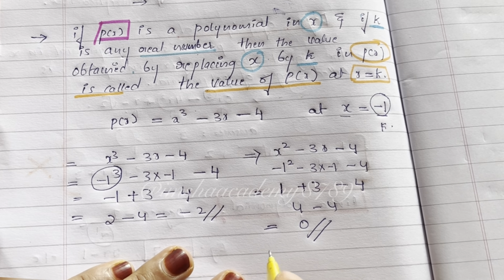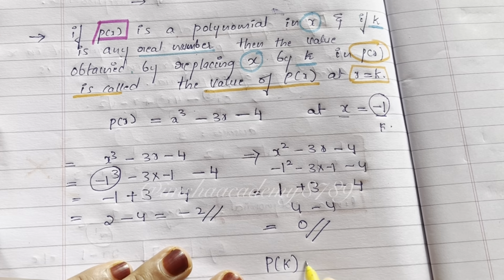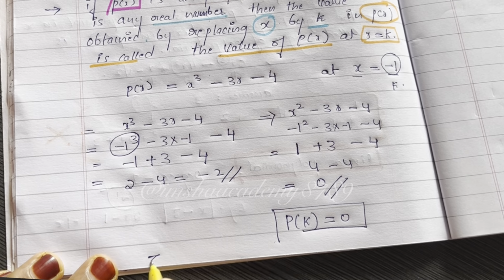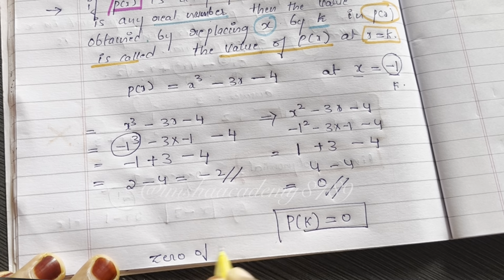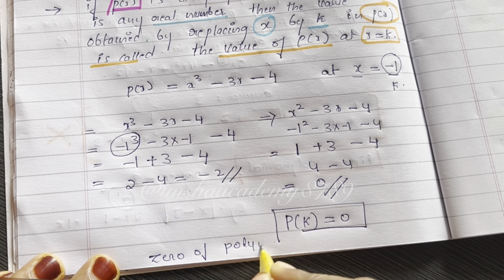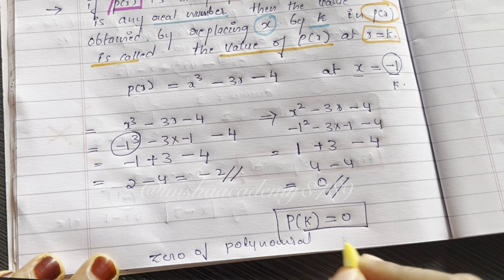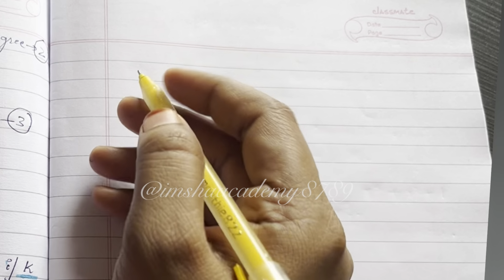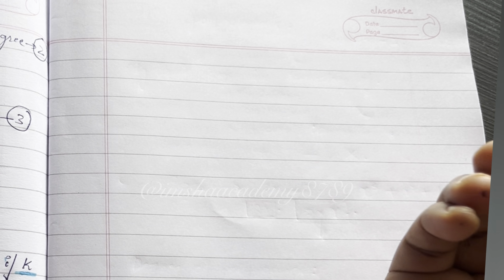When we get p of k equal to 0, we call it a zero of the polynomial p of x.